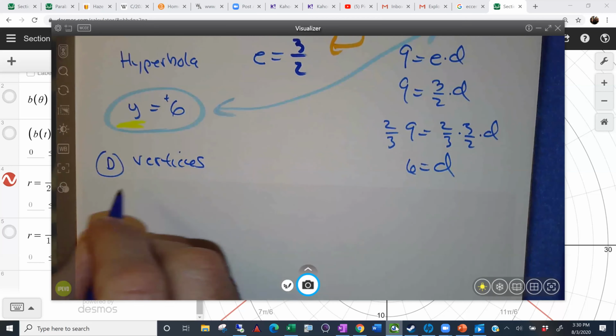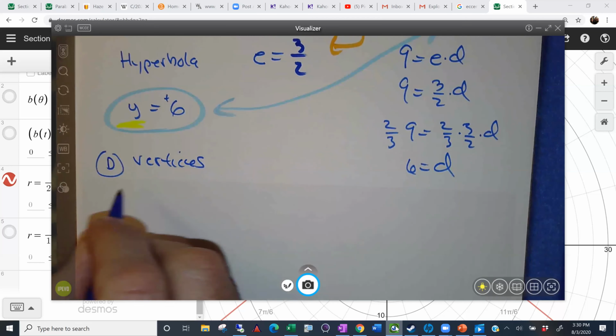At theta equals pi over 2, this denominator is going to be its biggest, so you're going to find one of its vertices there. So it's going to be 9 divided by 3/2 sine of pi over 2.